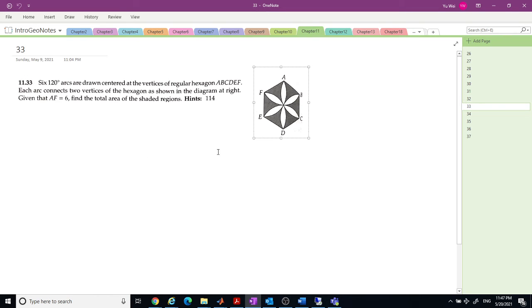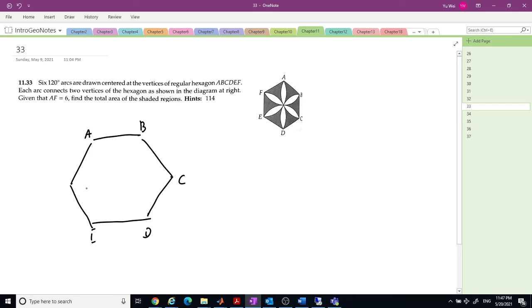Next. So this is the symmetry. So you can see we have a regular hexagon A, B, C, D, E, F. Okay, then we draw the circle like this, circle like this, and circle like this.